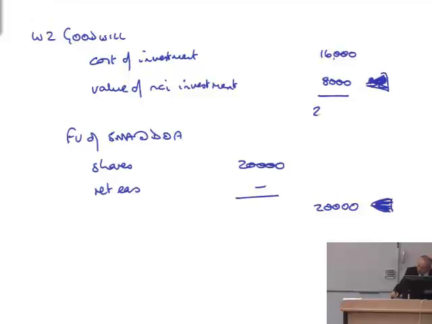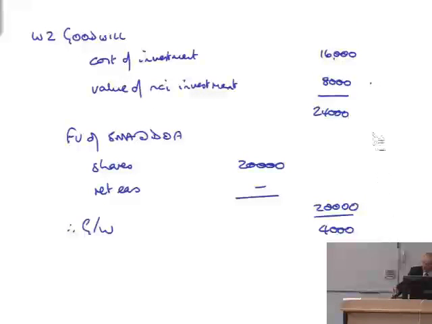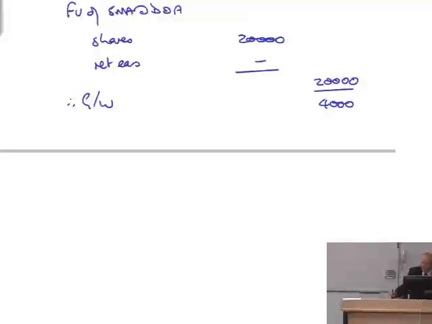So the total value of the subsidiary is 24. The fair valued net assets are 20. Therefore goodwill is 4,000. And the question tells me it's been impaired.